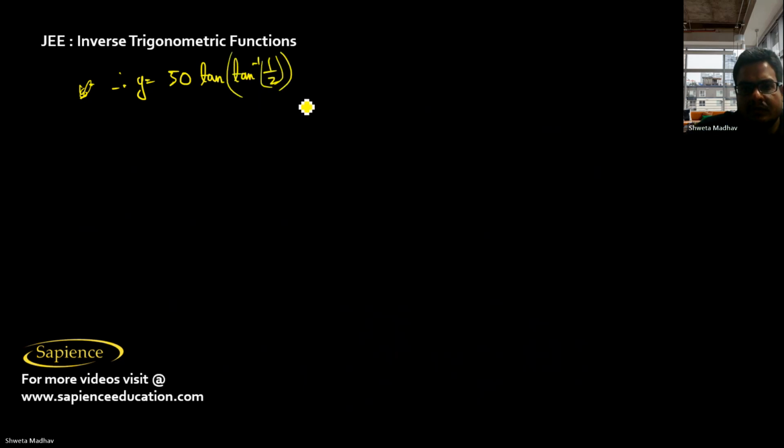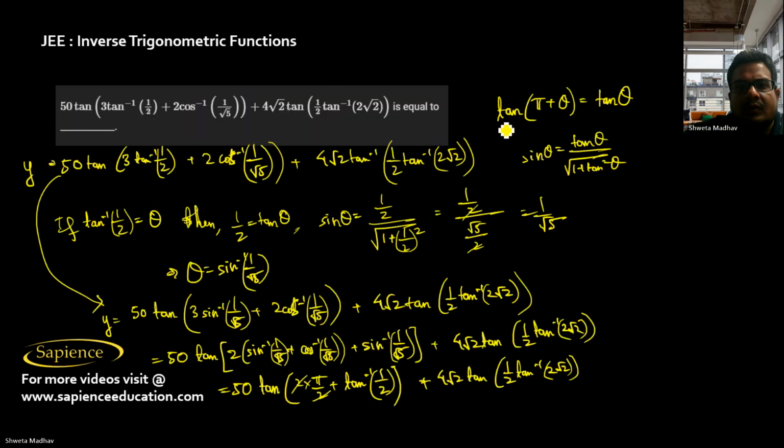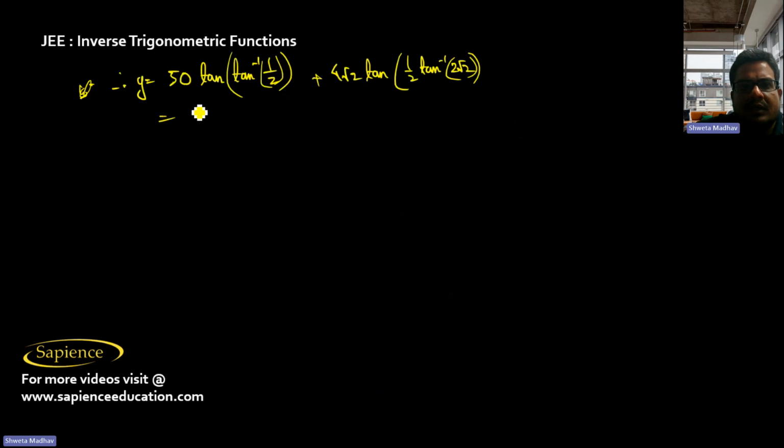So therefore y will be equal to 50 into tan of tan inverse of half plus 4 root 2 into tan of 1 by 2 tan inverse of 2 root 2. So now tan of tan inverse of half is half only.